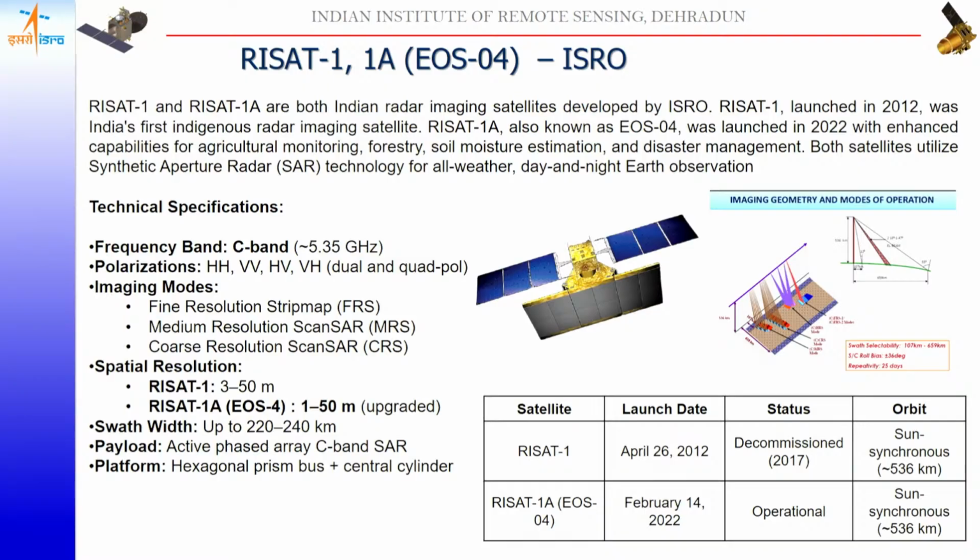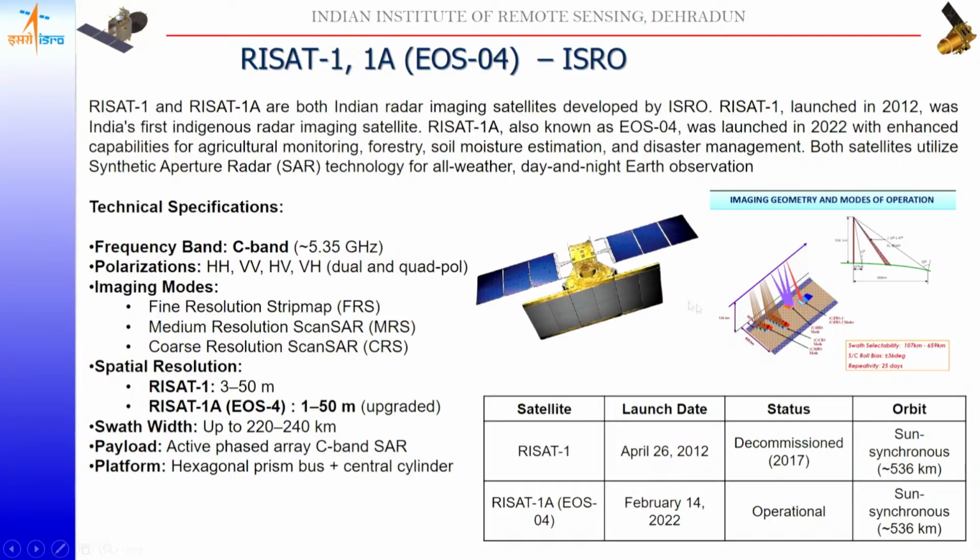It was launched on February 14, 2022, and is still operational. RISAT-1 is a C-band satellite with polarizations HH, VV, HV and VH. It has different modes like FRS, MRS, CRS, the resolution varies from 30 to 50 meters, and the swath width is from 20 to 240 kilometers.